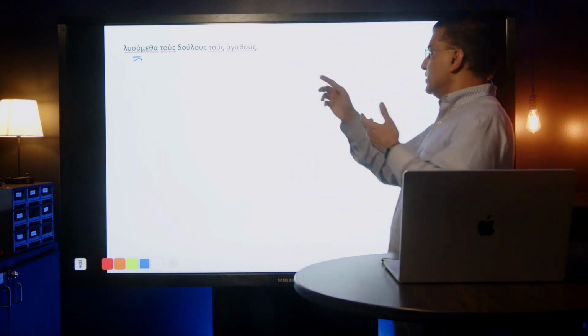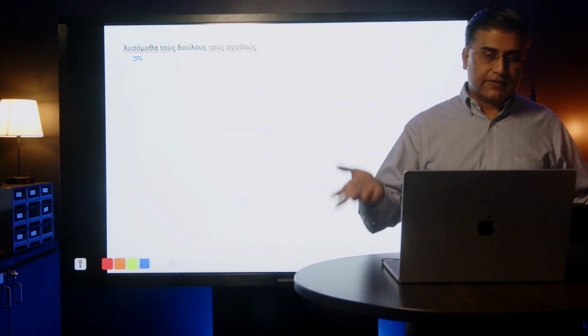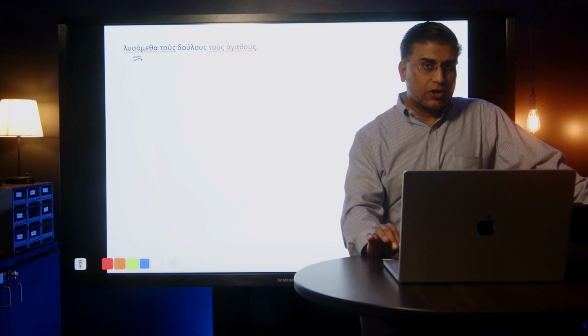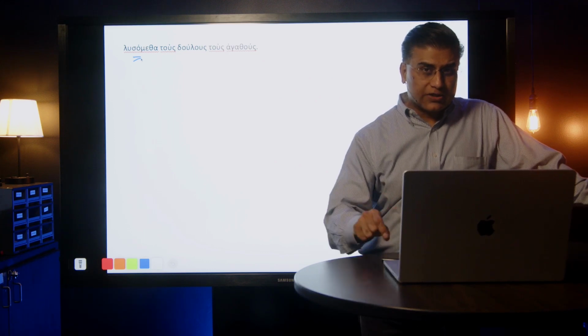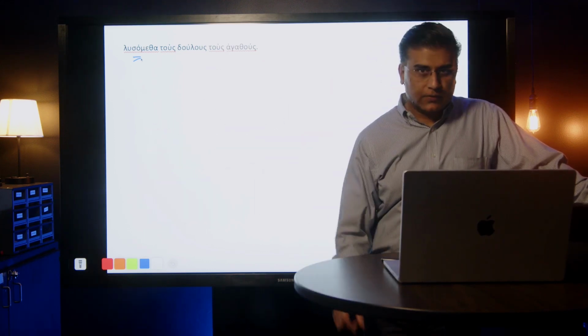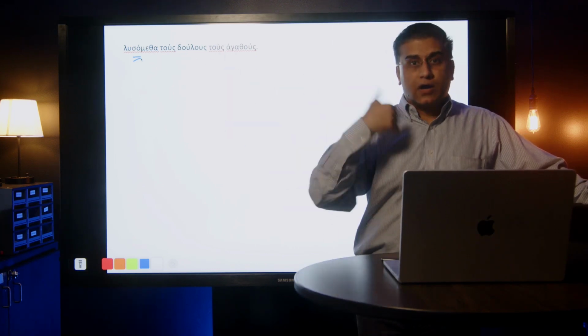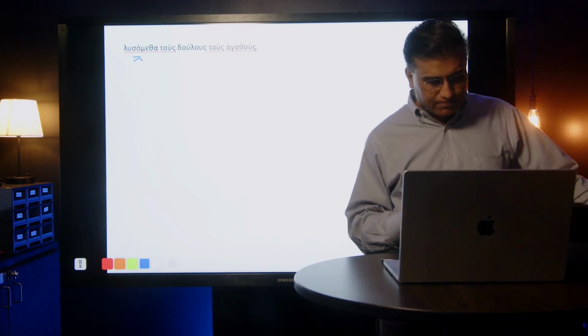And the rest is pretty easy. Doulous, tous agathous, the good servants or slaves. But the real deal here is that future middle. We ourselves will. Okay? We ourselves will. So it's future will, but ourselves is coming because of that middle voice. Okay?